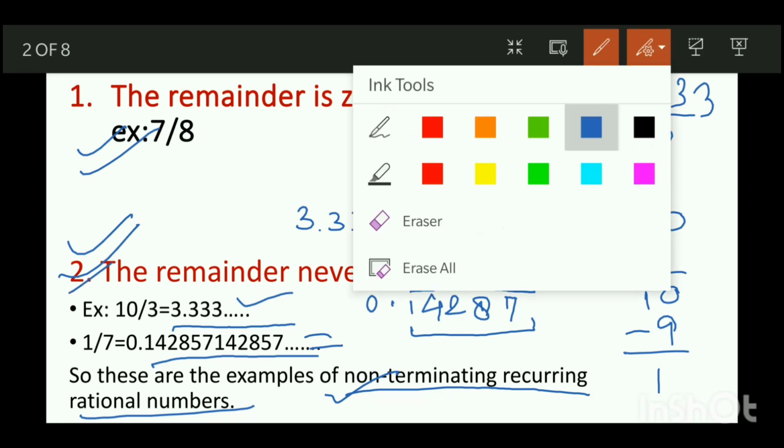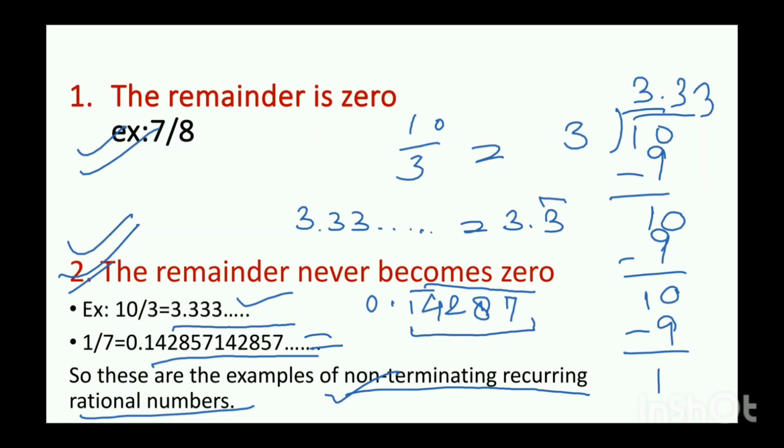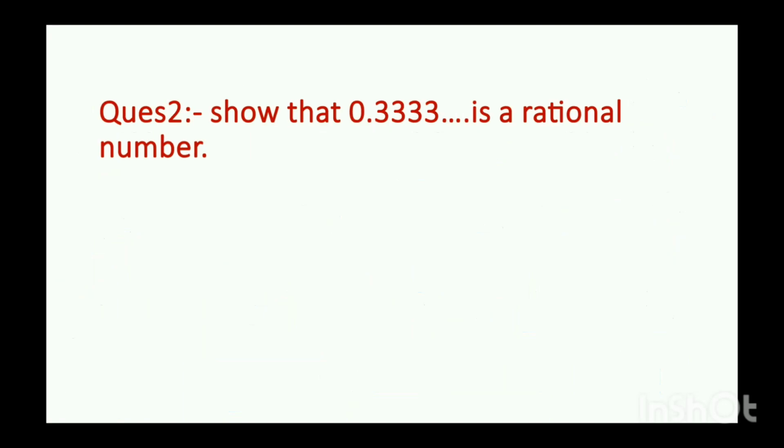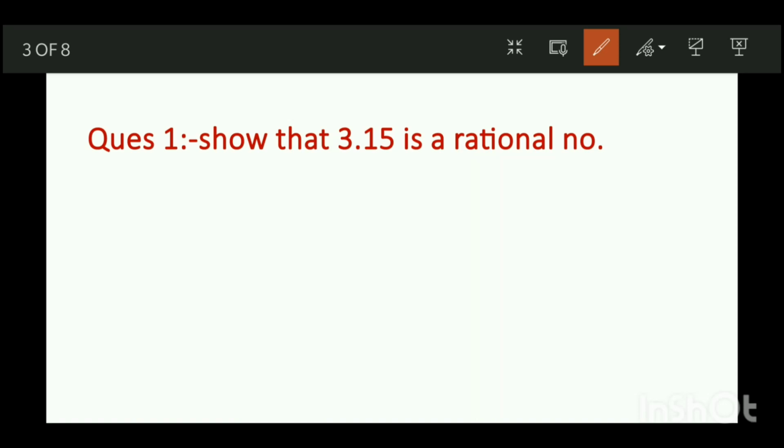Moving to the next. Now we have a decimal expansion and we have to change it to rational form. If we have 3.15, we can write it as 3.15 upon 1.